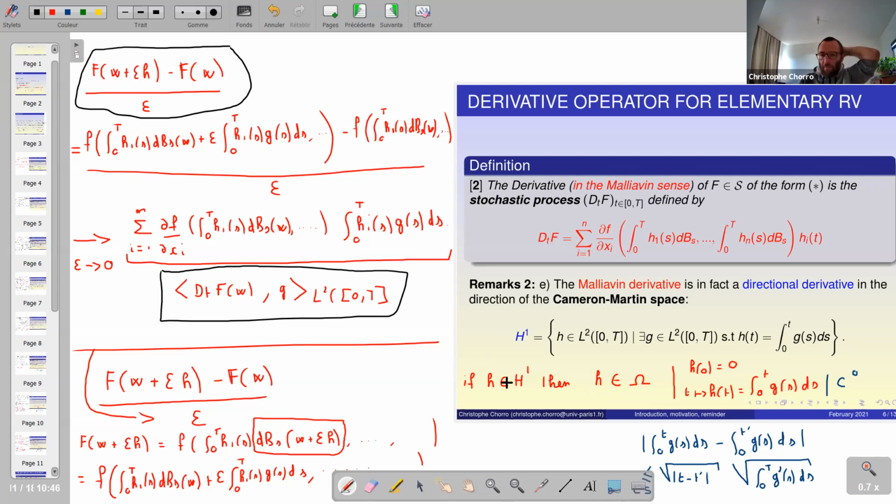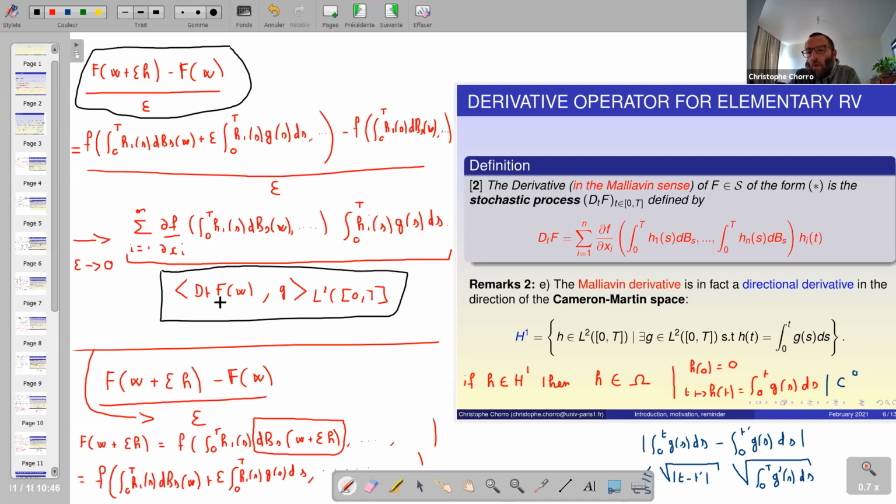So I am able to compute the directional derivative of capital F in the direction of an element of H1, and the directional derivative I obtain involves the Malliavin derivative, interpreted as a directional gradient. So it means that this definition, which may seem to come from nowhere, is in fact related to what we do in classical analysis.